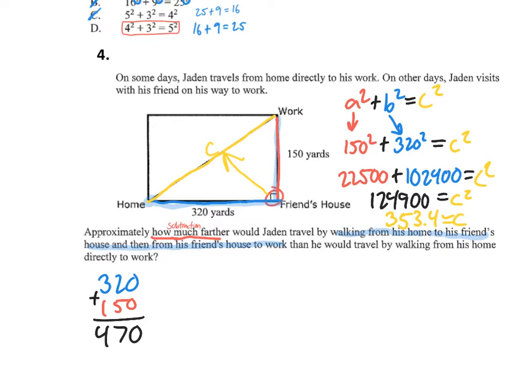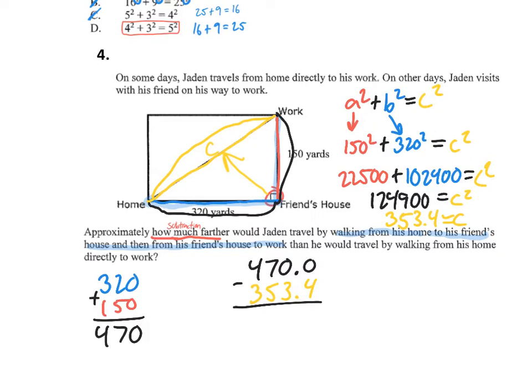And that is side C. So he would walk a total of 470 by going from home to his friend's house and then to work. But if he takes this direct path to work, that 353, I'm going to keep the 0.4, just since I've already got it written. So I'm going to add a decimal here. I'm going to subtract and find the difference to see how much distance he would save. So distance saved would be 116.6 yards.